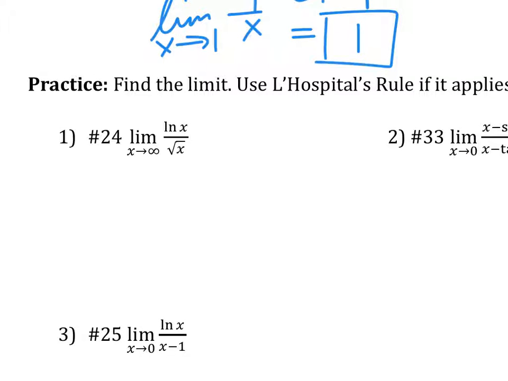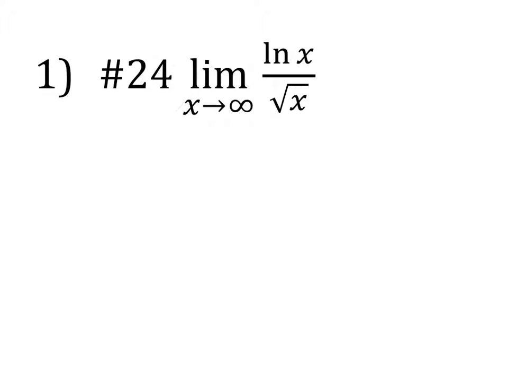Okay, number 1. Limit as x goes to infinity of natural log x over square root x. Go ahead and do that one, and then we'll go over it together.